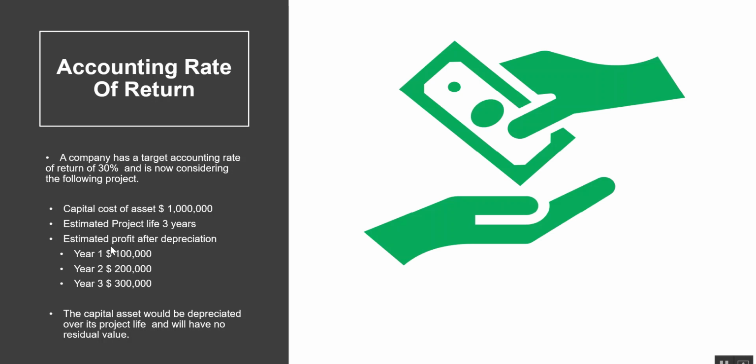Estimated profit after depreciation is also given: year 1, year 2, year 3, 100,000, 200,000 and 300,000. The capital asset would be depreciated over its project life and will have no residual value.